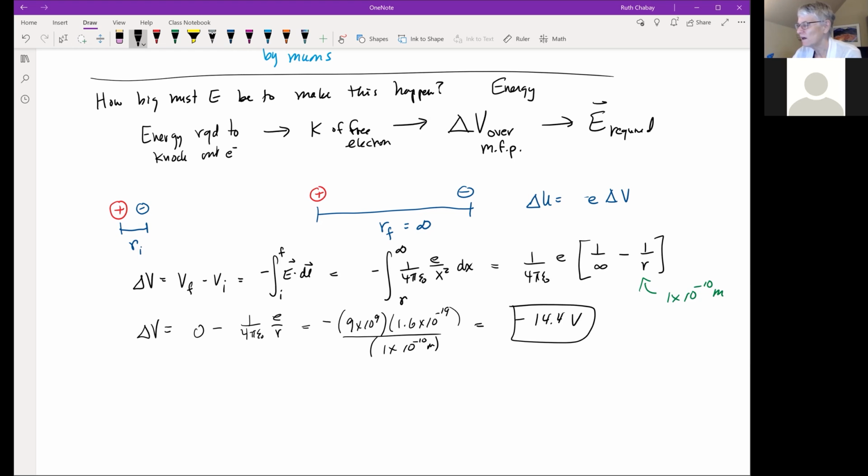Which means a kinetic energy of, so delta U is minus E delta V, so that's going to give us 2.3 times 10 to the minus 18 joules as the amount of energy the electron needed.